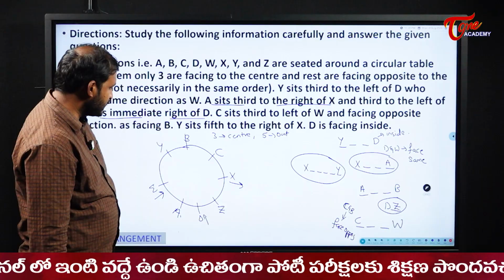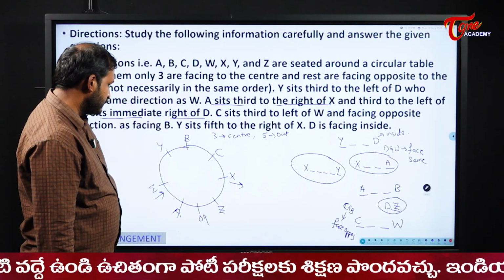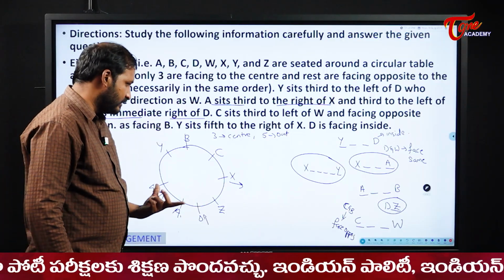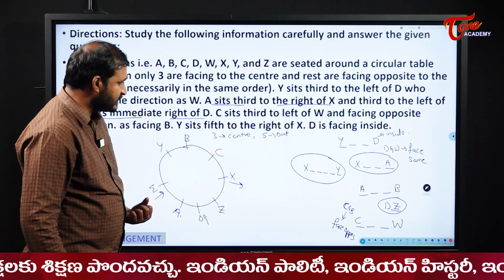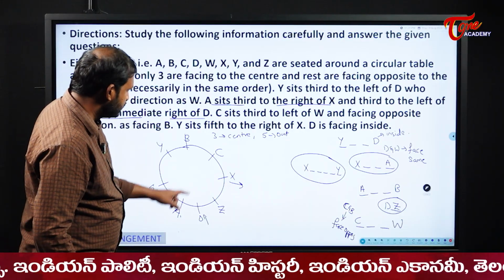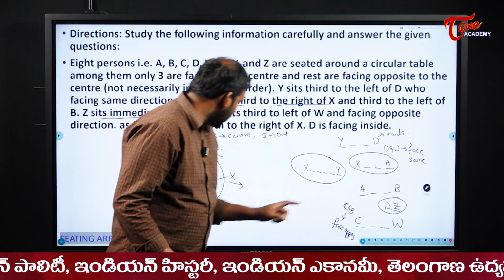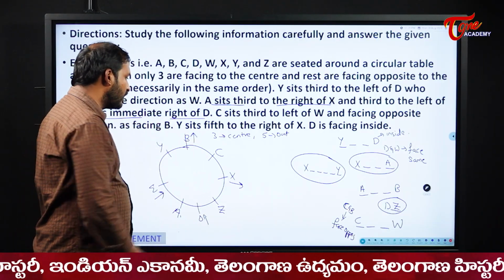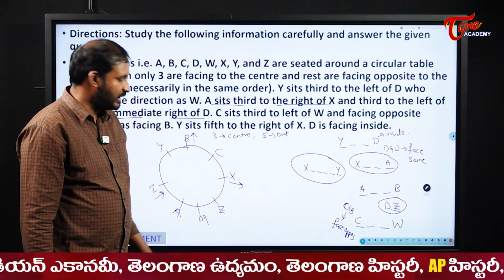Next, C and B face opposite directions. See, only 3 persons are facing inward. B's third left should be A. So only when B faces outward will it become third left, else it will not.